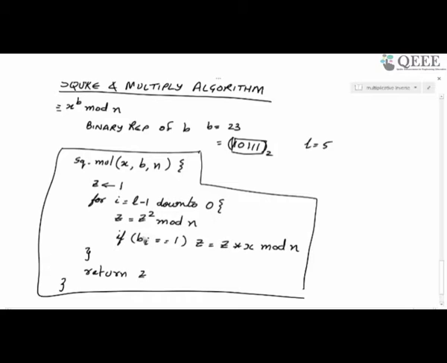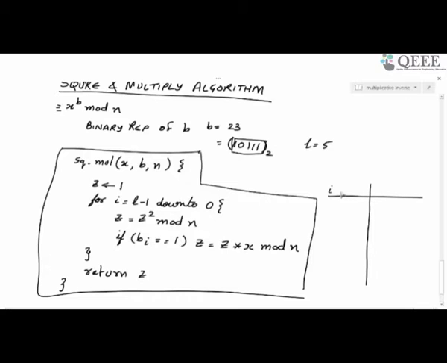Further, if the particular bit is set to 1, for example bi is the ith bit in the binary representation of b, if this bit is set to 1, then we also multiply z with x, and this is continued until you get 0, and then you return the value of z. So let us just check how this particular program executes.